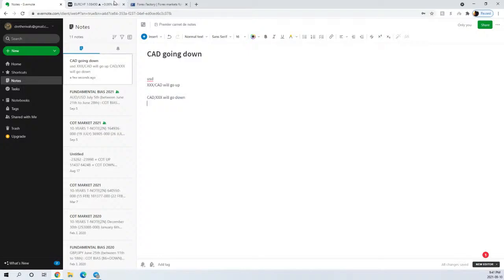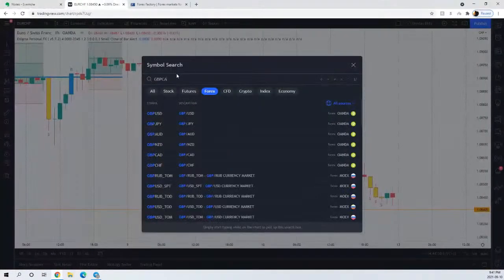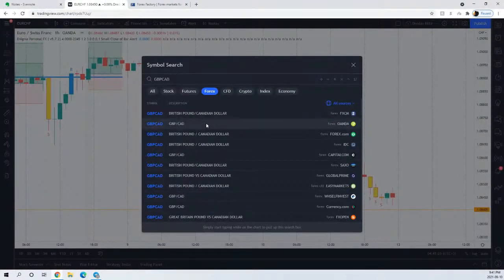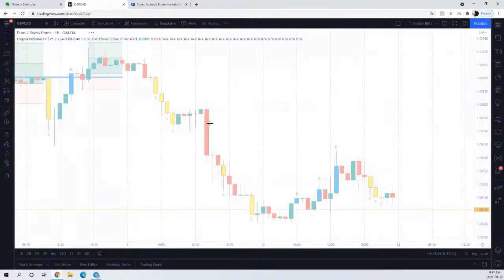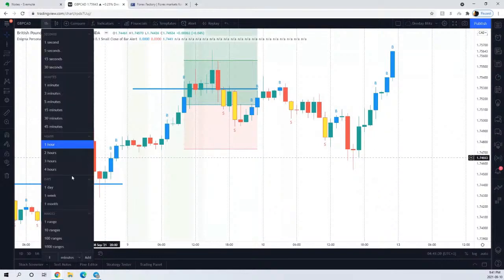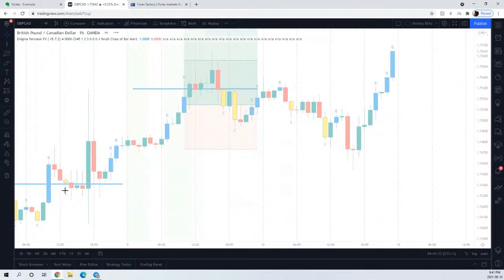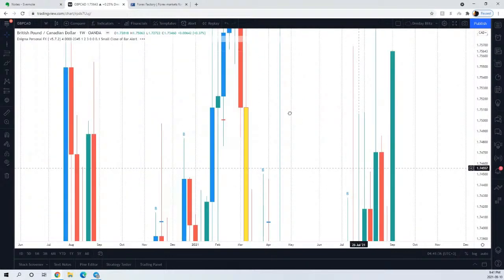So GBP CAD, look at the weekly as usual. Look at this candle, guys.